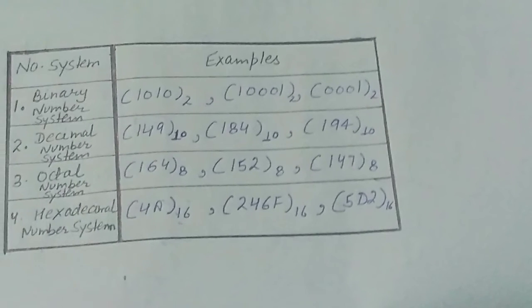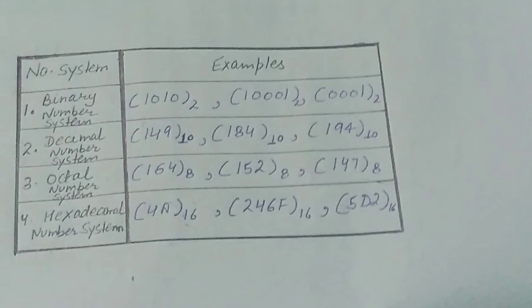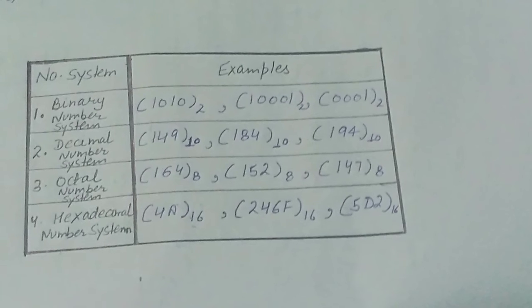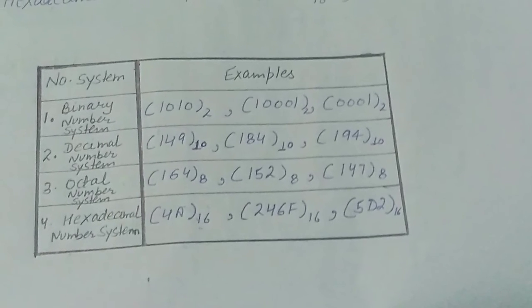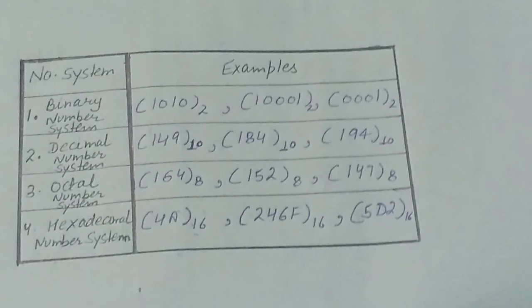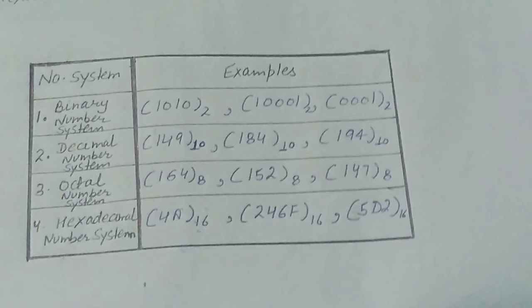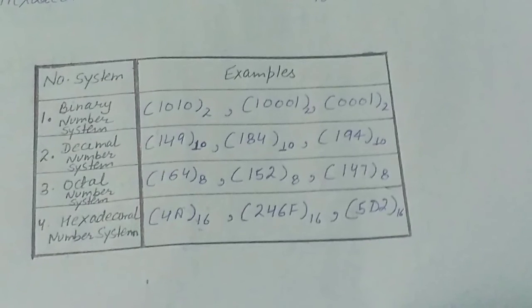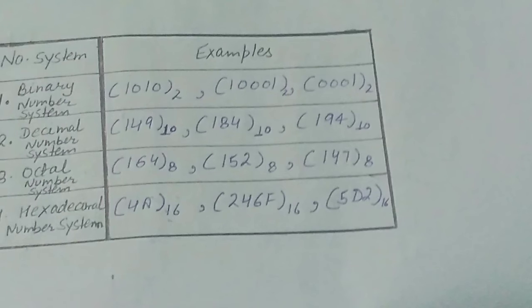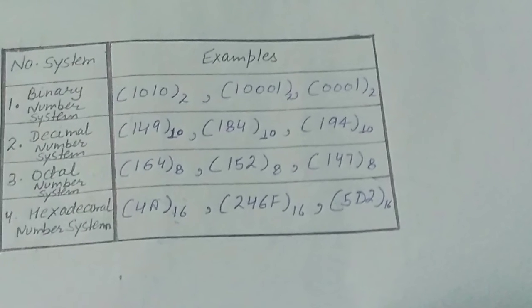So you can see here examples 149, 184 and 194. तो आपके नंबर सिस्टम में जो डिजिट्स यूज होंगी वो 0 to 9 होंगी और जो बेस होगा वो हमेशा 10 यूज होगा.